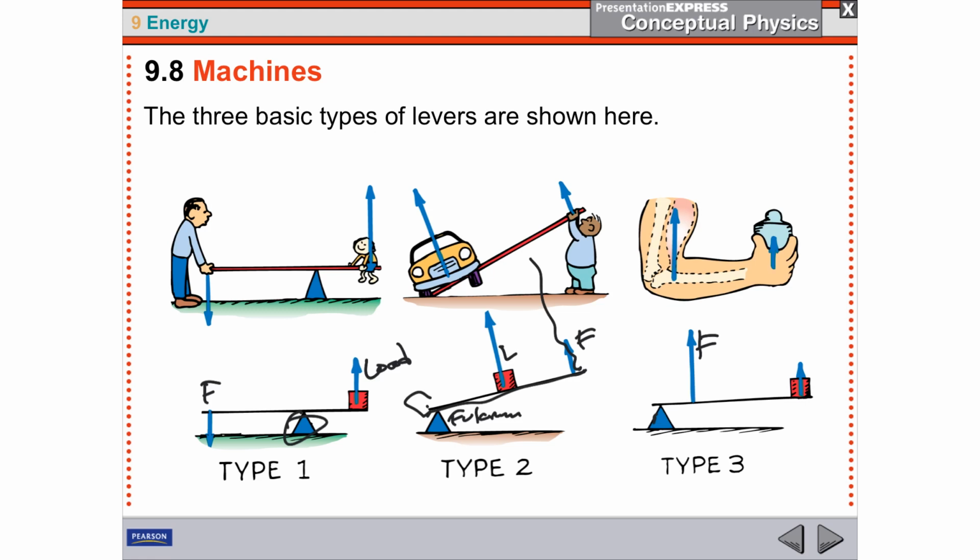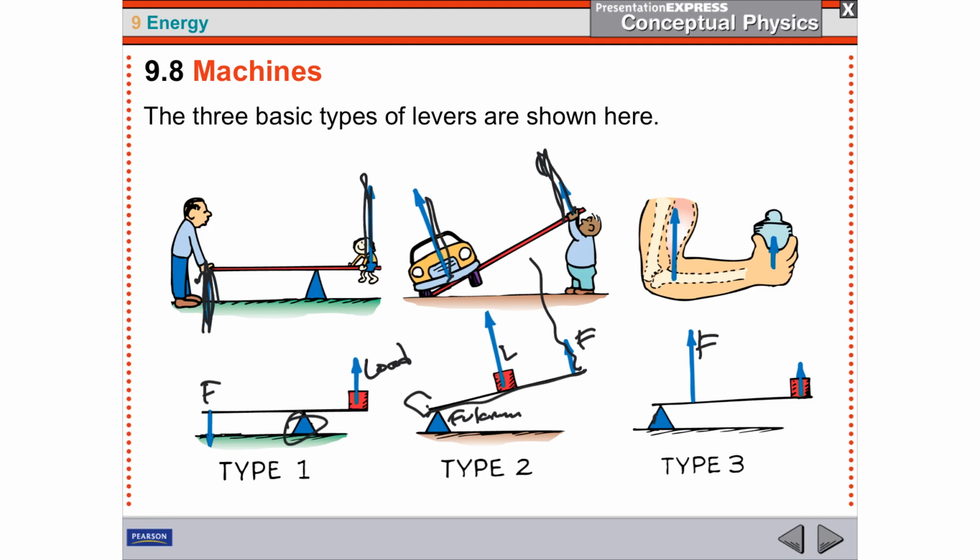Now let's look at type 1 one more time. For a type 1 lever, you push down on one end and the load lifts at the other end. So the directions of the input and the output are opposite. You can see this: the output force is opposite to your input force. For a type 2 lever, you lift the end of the lever, and the input and output forces are in the same direction.